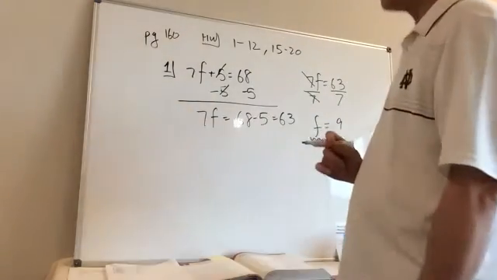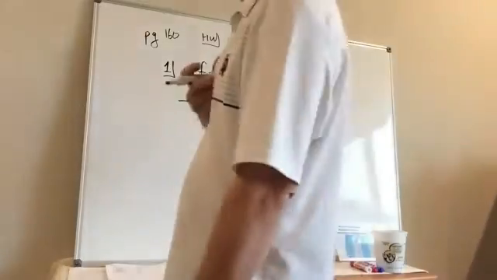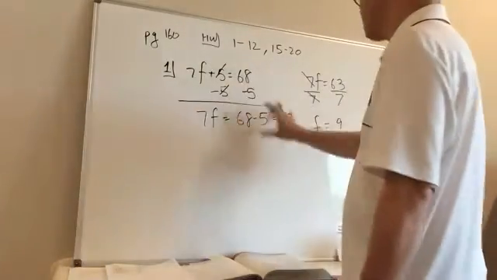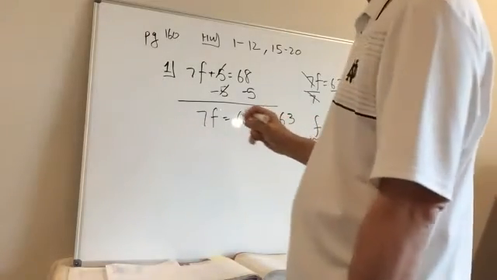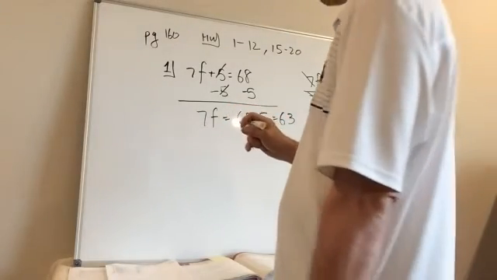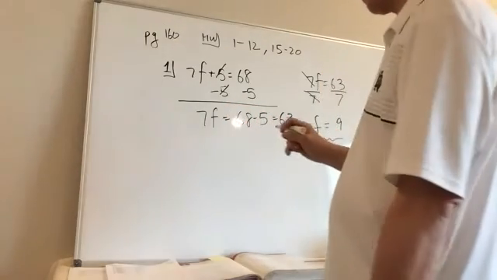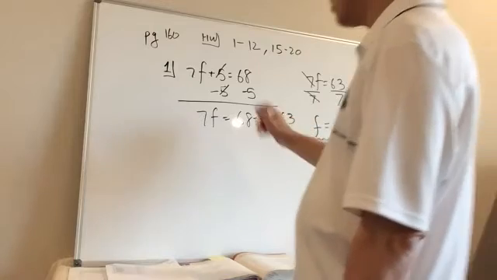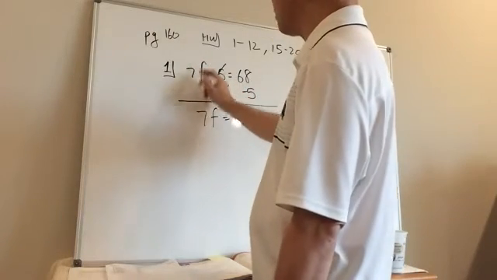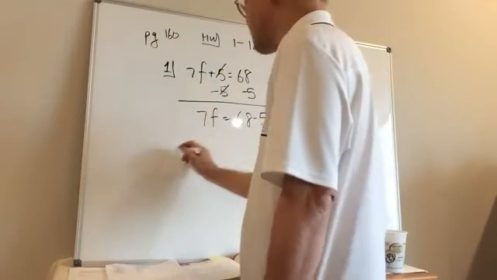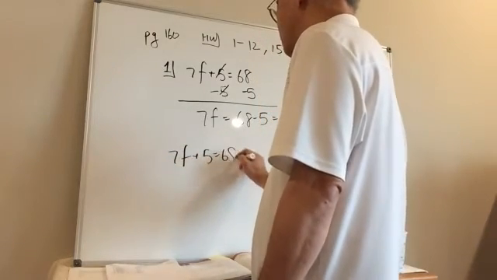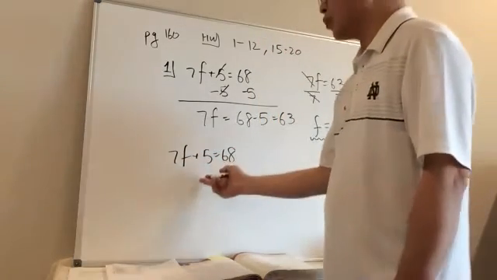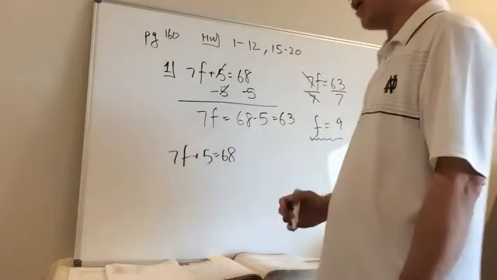So how would I verify that I actually did not make a mistake here and 9 actually is the correct answer? How would I do that? I do not remember. So I would put the 9 back in here, right? Because if it's the correct answer, then the initial equation would hold true when f is equal to 9, right?